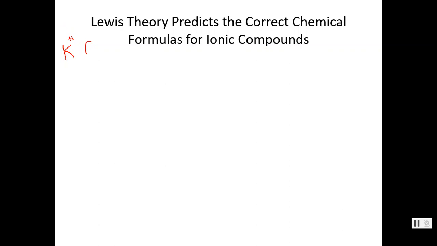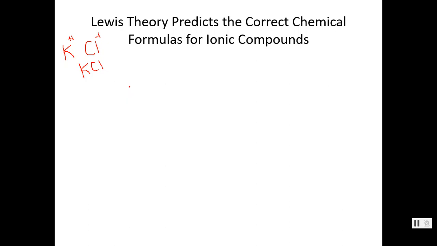Chlorine's in group 7. Those guys like to have a -1 charge. And so putting these two ions together to form a neutral molecule, you would have KCl. That would be the correct chemical formula for that ionic compound.